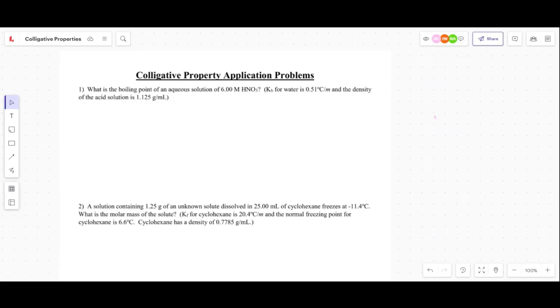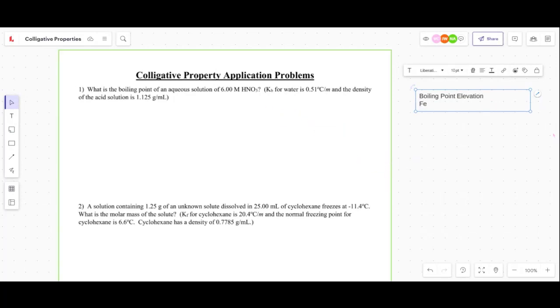four different colligative properties that we're really going to be focusing on in this session and really in your class. We're going to be focusing on boiling point elevation, freezing point depression, vapor pressure, specifically vapor pressure lowering, and lastly, osmotic pressure.